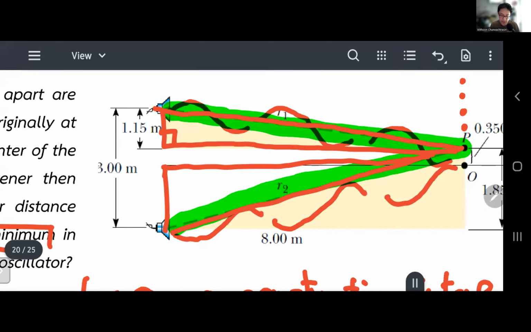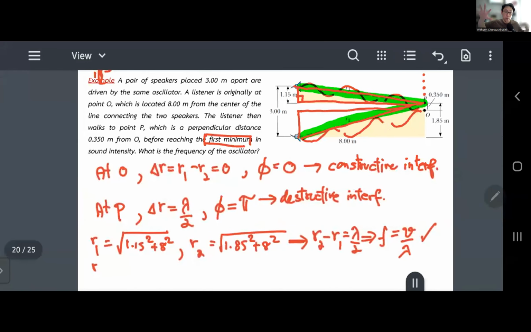So if you walk around, there will be a pattern of positions where the sound is loud and quiet due to the path difference, or the interference effects. That's all. Sounds good? And that is it for the interference topics here.